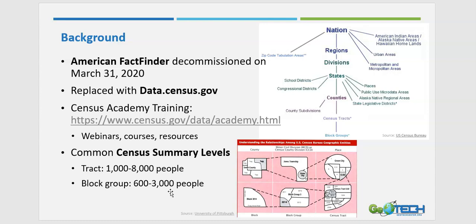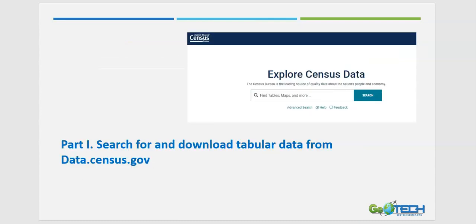And the data that we'll be working with is we'll look at the number of households in each block group in San Diego County that received food stamps in the past 12 months.